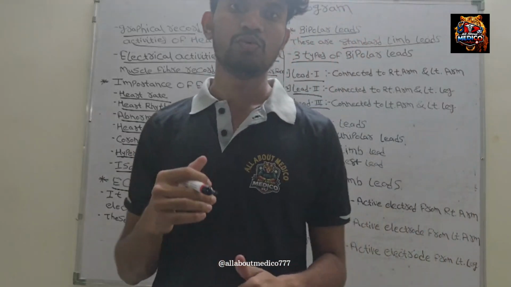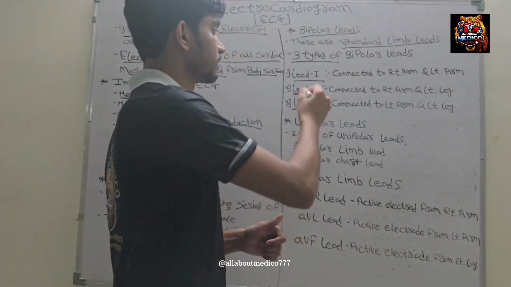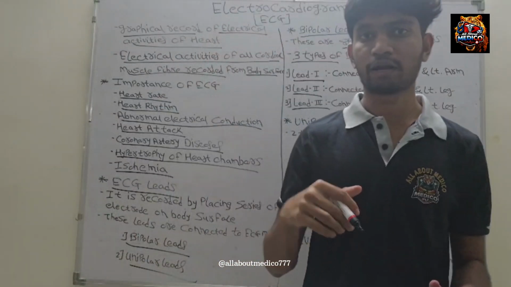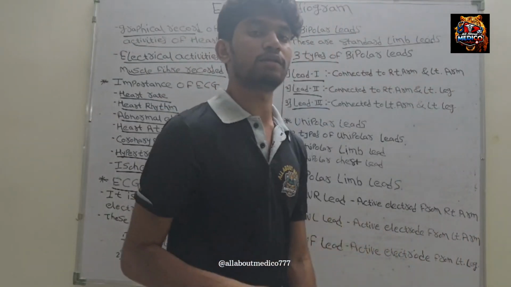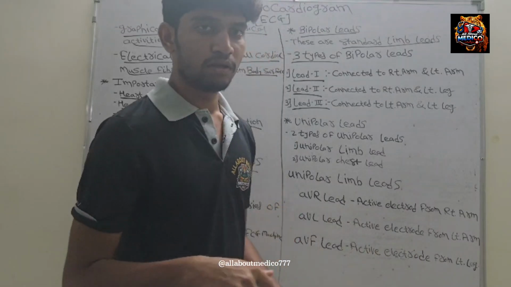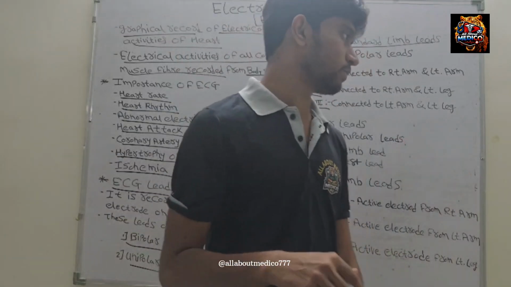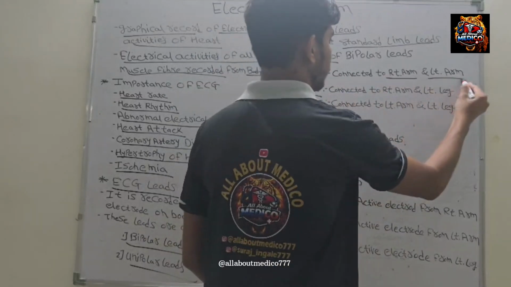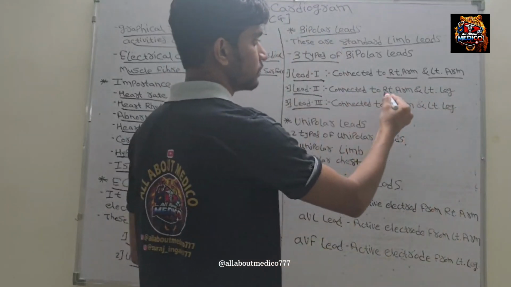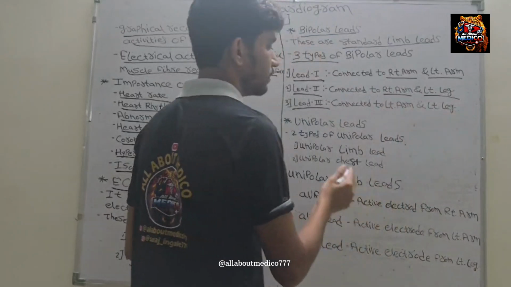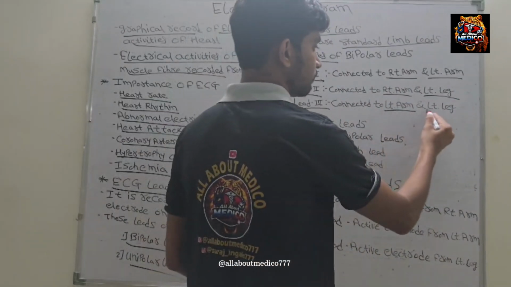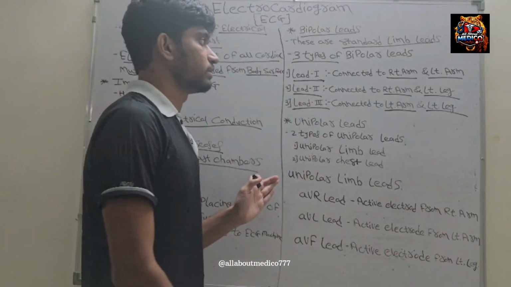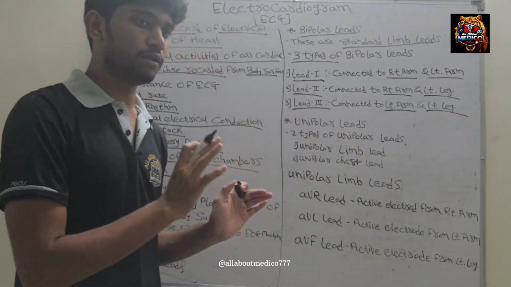Lead 2 is connected to the right arm and left leg. Lead 3 is connected to the left arm and left leg. These are the bipolar leads, the standard limb leads.